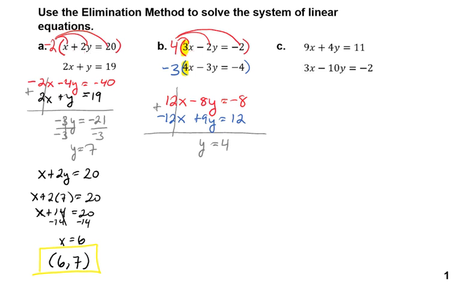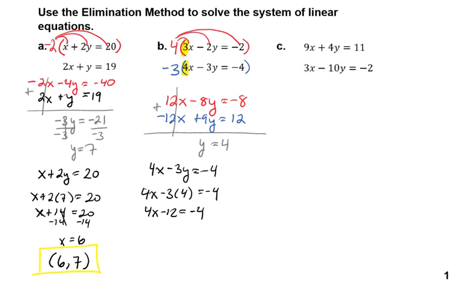From here, we're able to add our equations, and we see that we eliminate our x's as we had hoped, giving us y equals 4. Now, we already have the y, so we can just plug that right in. I'm going to choose the bottom equation this time to plug in the 4. So here we have 4x minus 3 times 4 equals -4.